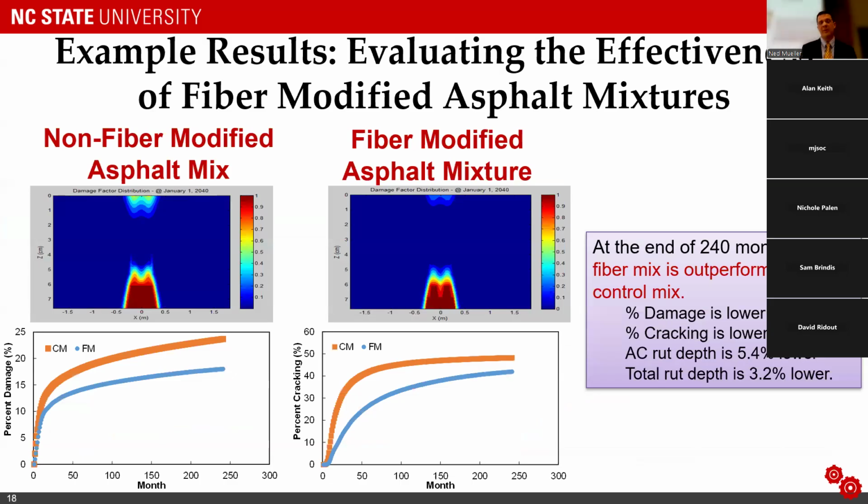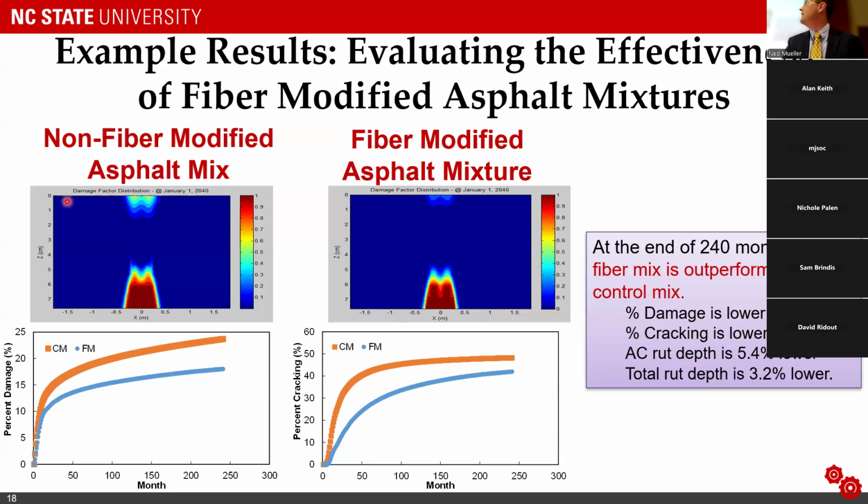This is an example from North Carolina where we were tasked to look at the possible benefits of incorporating fibers into asphalt mixture. In this case, we were looking at damage, and when you look at the contours on the top, you can see that the mixture with the fiber, especially for the benefit of those that are online, if you look especially at this area here, we have a lot less damage extent than we do here.